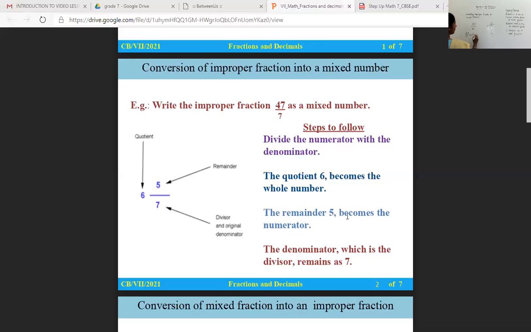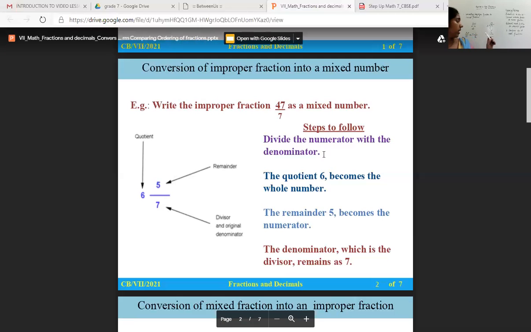So the divisor here in the mixed fraction is 2, and 1 is the remainder. This is how we write it. This is how we convert an improper fraction to a mixed fraction.